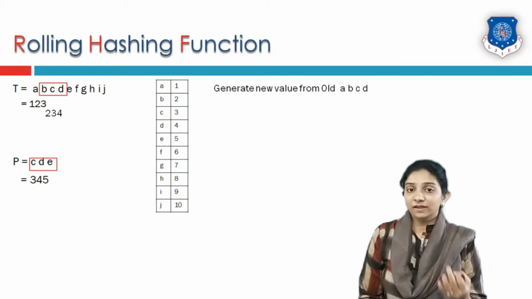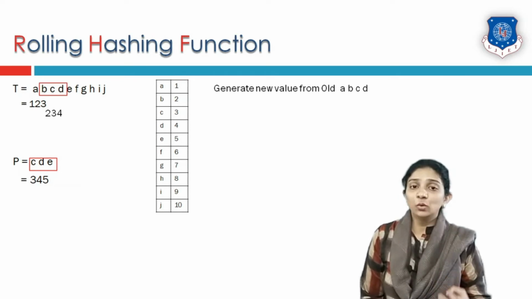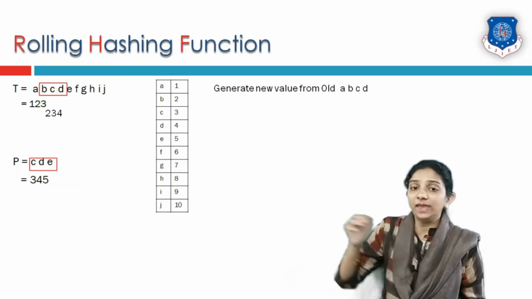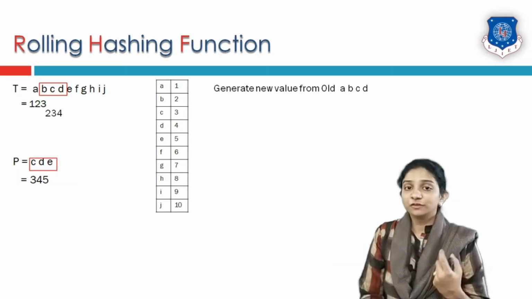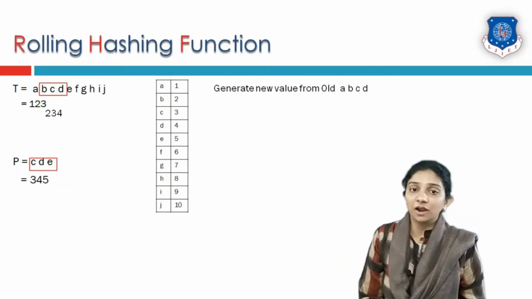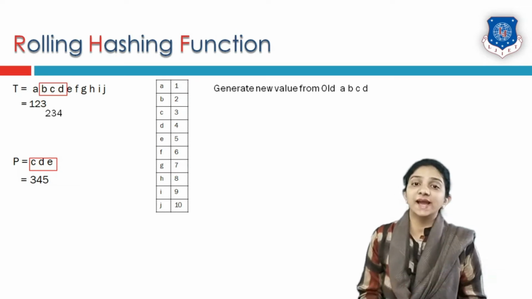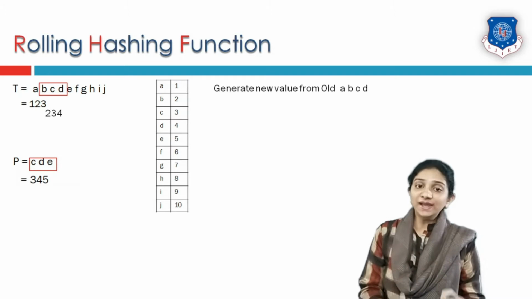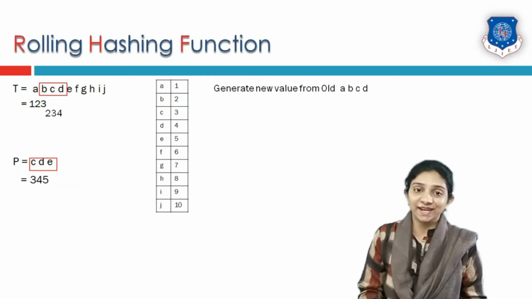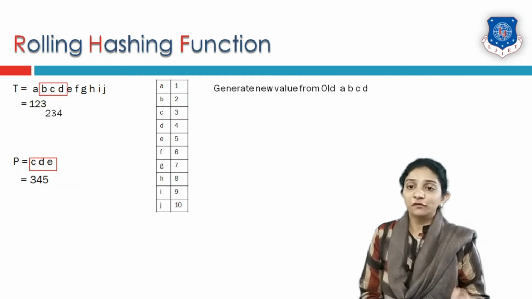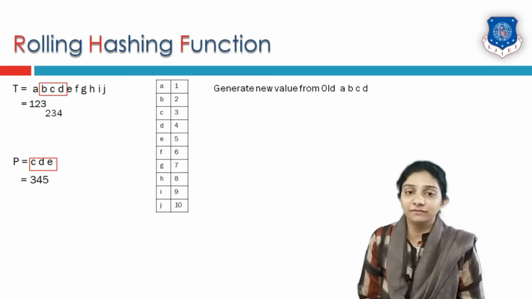But wait, isn't it a tedious task to always convert a given string into an equivalent number? So for that reason, Rabin-Karp rolling hash function exists. What is a rolling hash function? Rolling hash function will help us generate a new numerical value from our old numerical value.